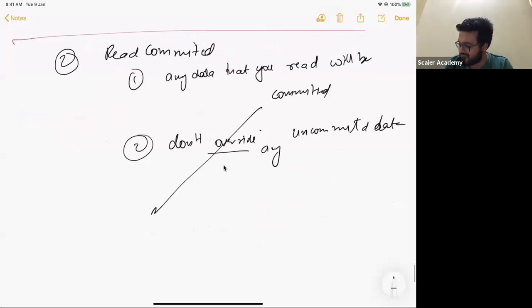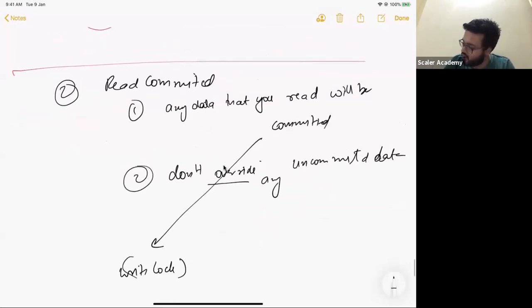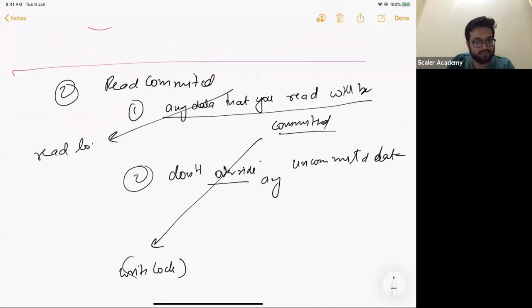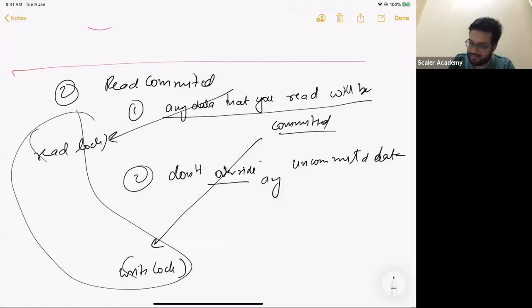Do you understand that having a write lock on that entire data will help? And it will not allow you to read before it's committed. Do you agree that this essentially means that you have a read lock till it's committed? So I just told you how this is performed internally, but these are the guarantees that you see. Any doubt till this point in time, folks?